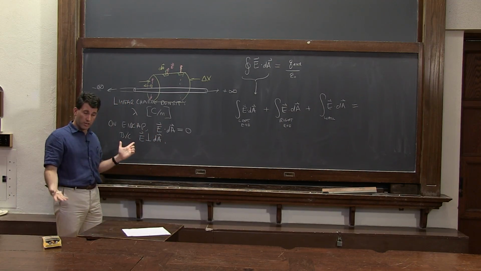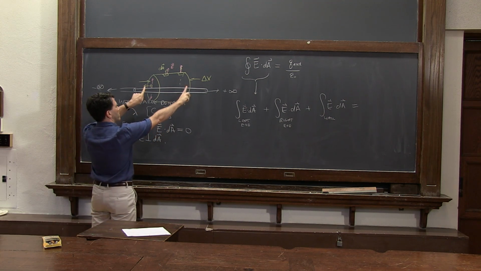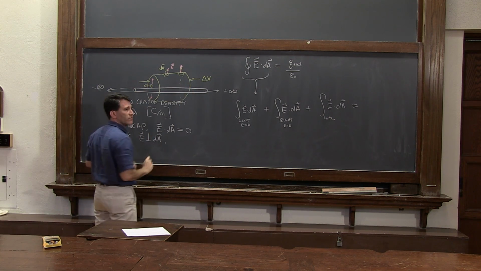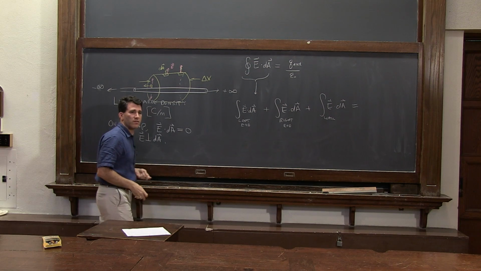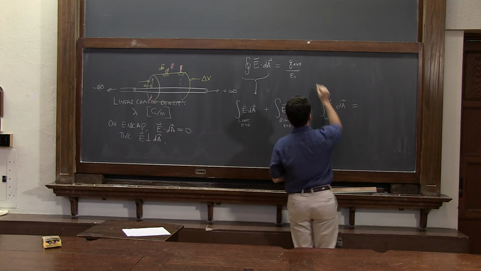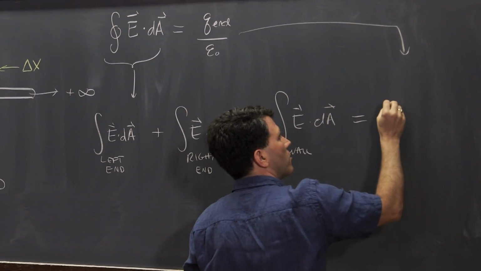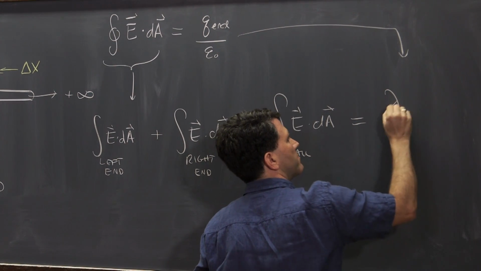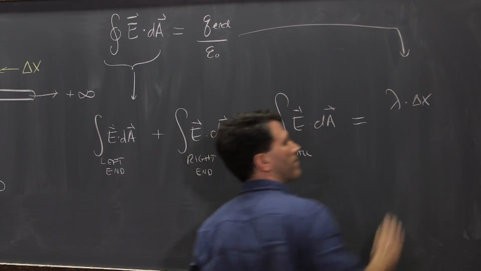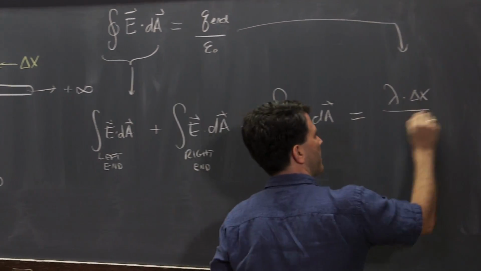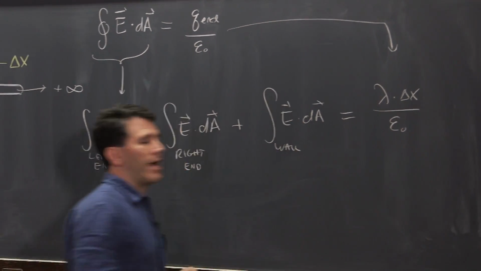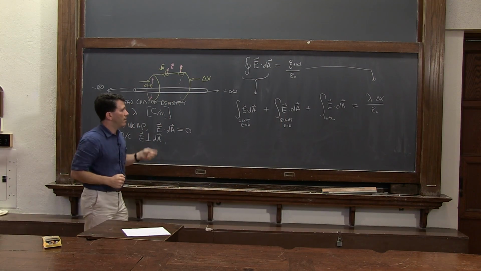How much charge have we enclosed? I told you we were dealing with a segment of this line that was of length delta x. So the enclosed charge over here is going to be lambda times delta x. All right, and then of course we've got the epsilon naught down below to get the units correct.